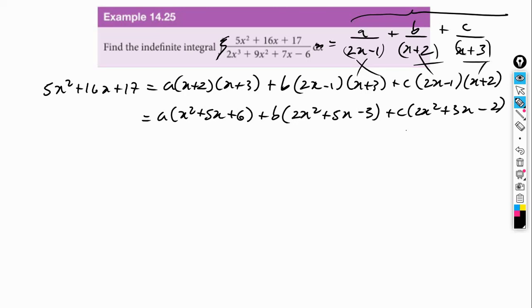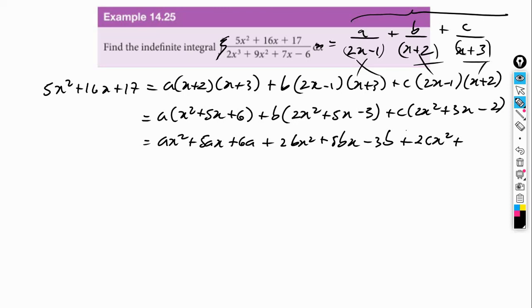So this is going to equal ax squared plus 5ax plus 6a plus 2bx squared plus 5bx minus 3b plus 2cx squared plus 3cx and minus 2c.